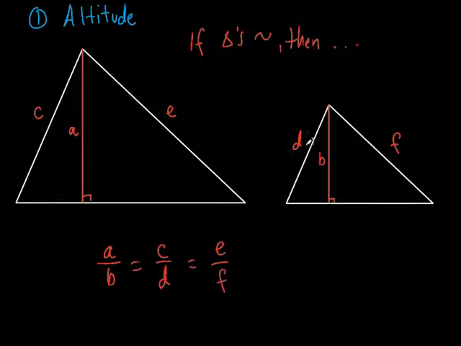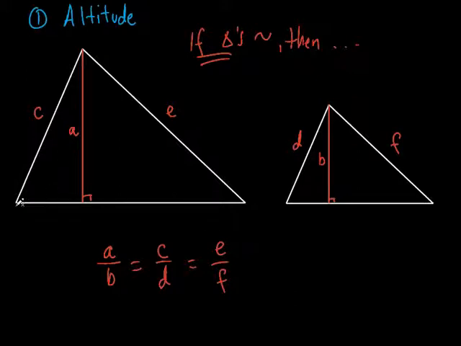Now remember, we have to know the triangles are similar to each other, and if they are, then I can compare the altitudes to each other, and that's going to equal the ratio of the other corresponding sides. So this is the big left side, this is the little left side, so I compare them to each other. This is the big right side, this is the little right side, so I compare them to each other. This is the big altitude, that's the little altitude. I compare them to each other. Does that make any sense? Okay.